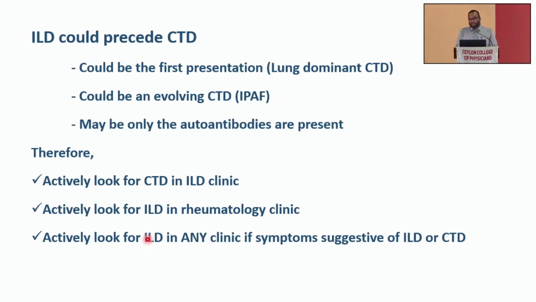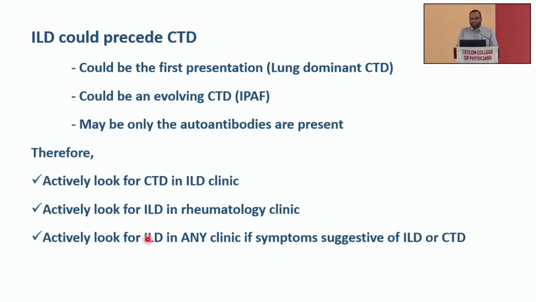And sometimes the autoantibodies can be the only positive thing towards connective tissue diseases. So therefore, we should actively look for connective tissue diseases. We are actually actively looking for connective tissue diseases in all the ILD patients we get. And the rheumatological clinic also should actively look for interstitial lung disease in their patients.